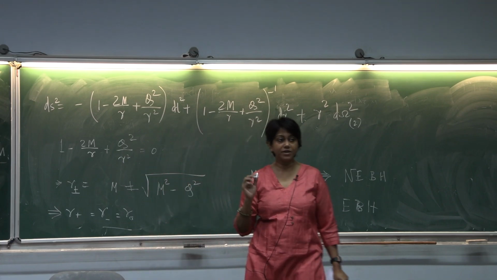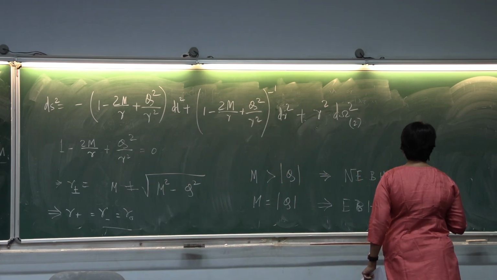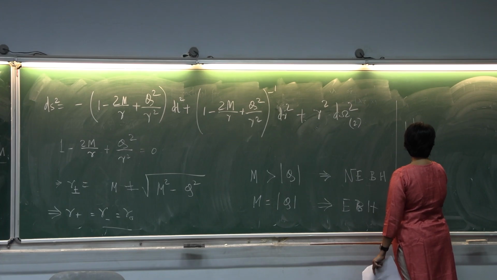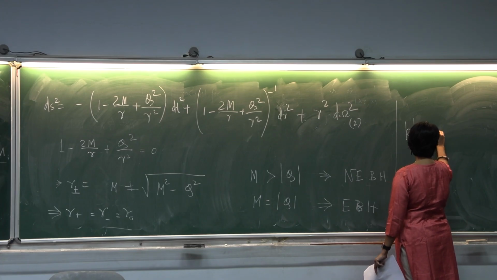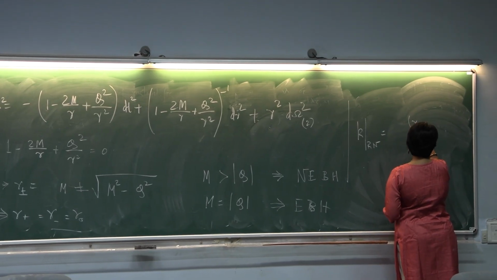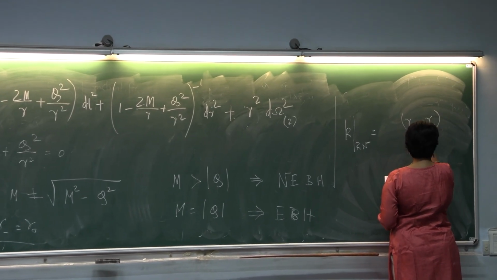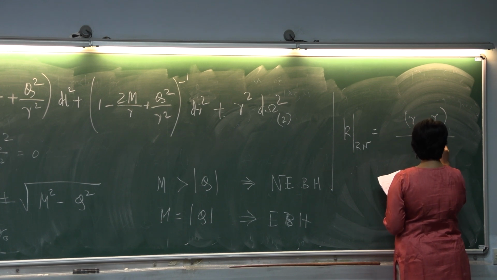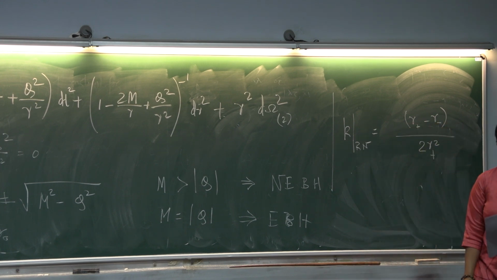And the surface gravity for the Reissner-Nordstrom is defined as, so this is how the surface gravity for the Reissner-Nordstrom metric goes.